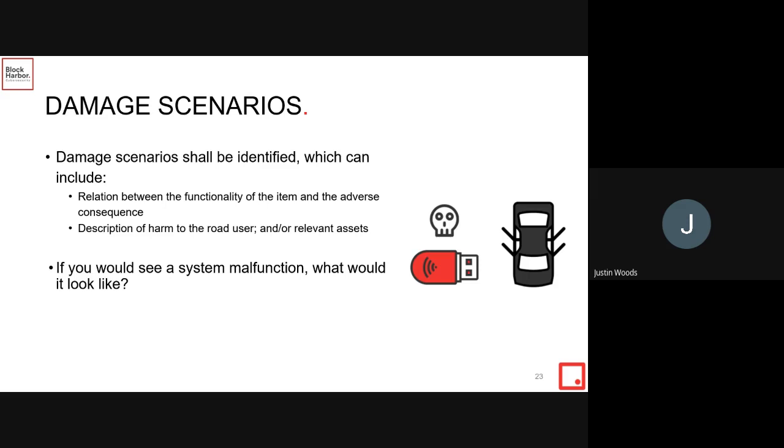If a window closing is supposed to have some sort of resistive force that it would open back up at, perhaps somebody were to create an attack that lets that window continue closing and might damage somebody more than it normally would, right? Something like that would be a damage scenario and a way to think about the worst case possible there.